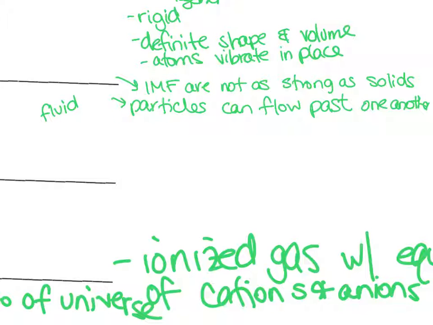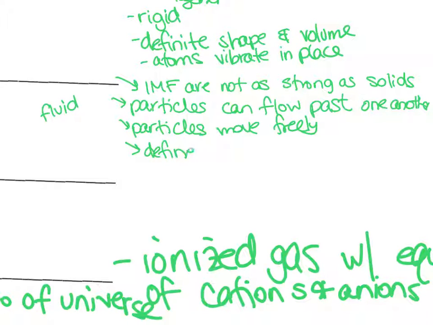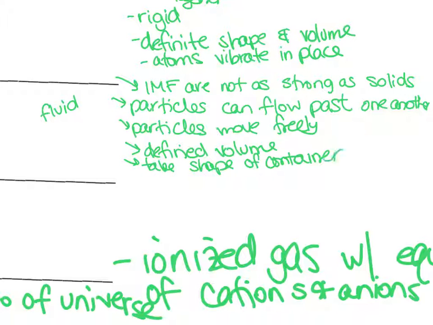Those particles move freely. They have a definite volume, but they take the shape of the container. I have 591 milliliters of Diet Dr. Pepper. Right now it's in the shape of a 20-ounce bottle. When I drink the entire thing, it will have the shape of my stomach, but it will still be 591 milliliters.